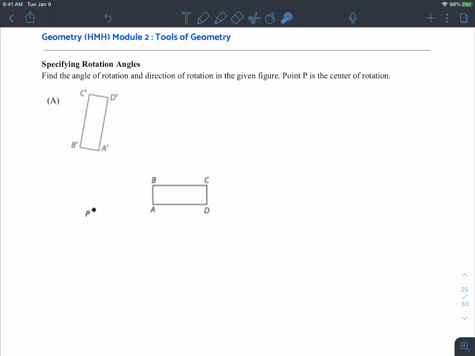How would you do that? Well, one of the ways is for you to connect A to the point of rotation, the center of rotation, and to its image like this, and measure the angle. And if you had a protractor, it should give you 80 degrees.